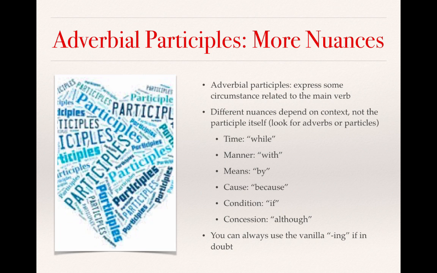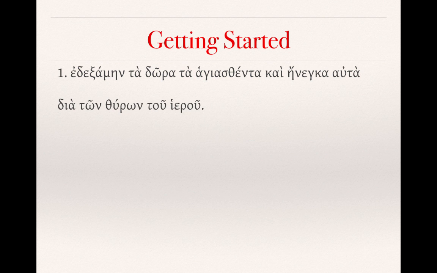That might be a place where you, as somebody teaching or preaching on a text from the New Testament, might want to differ or nuance or interpret that participle in a different way. All right, so let's get started with the first practice and review exercise from lesson 20.